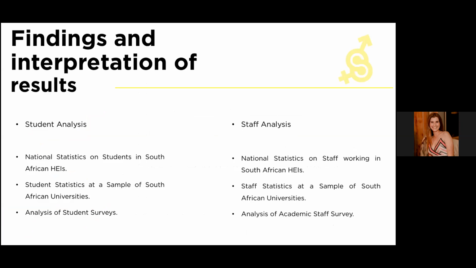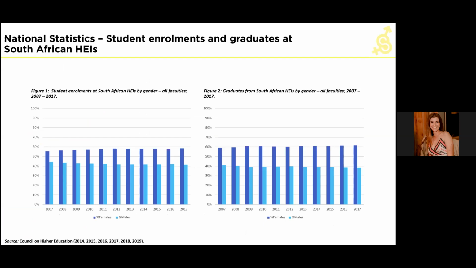So I started by looking at student enrollment figures in South African HEIs across all faculties between 2007 and 2017, based on publications released by the CHE. So over this period, females averaged 57.9% of total enrollments.